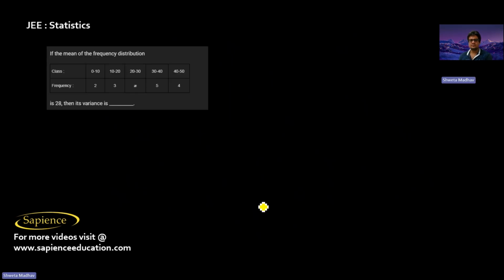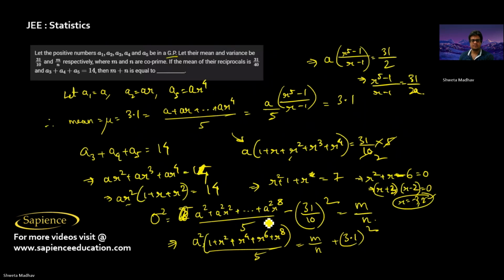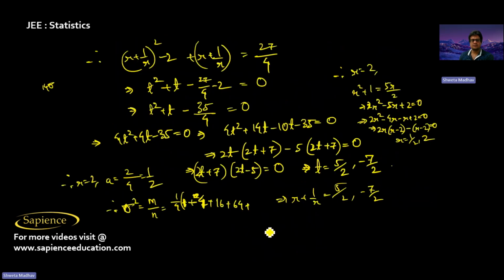that is 4 power 4, that is 16, 24, 26 divided by 5 minus 3.1 whole square, 31 by 10 whole square.